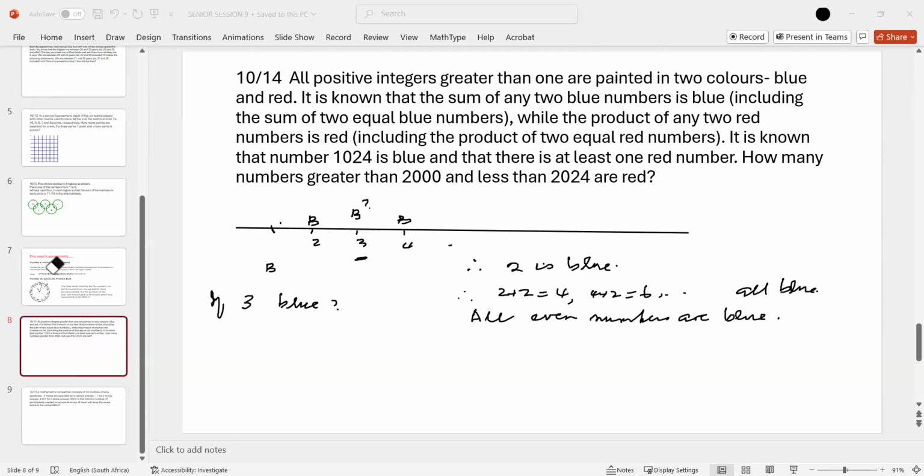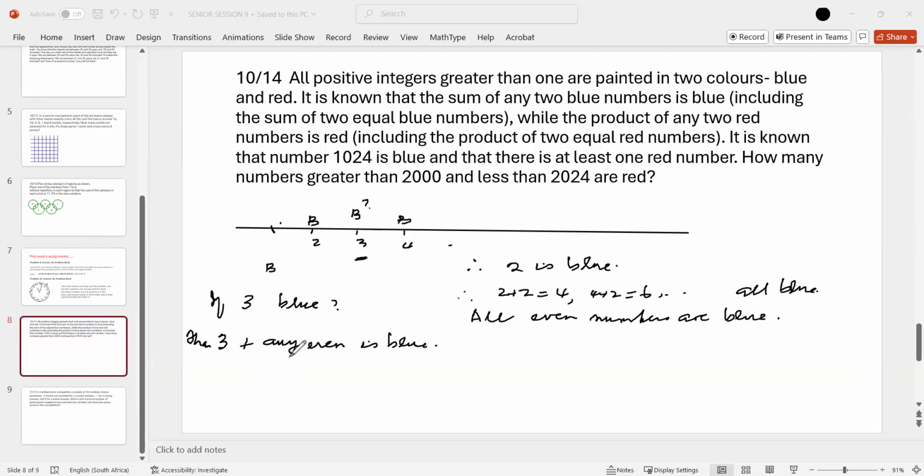Okay, is 3 blue? Now, suppose it is, then it means 3 plus any even number is blue, because all the even numbers are blue. And that's a problem.